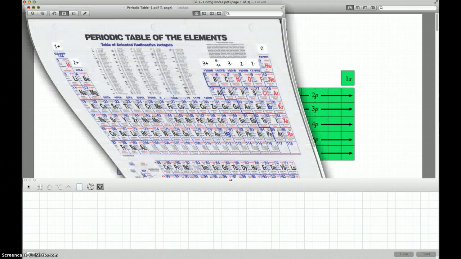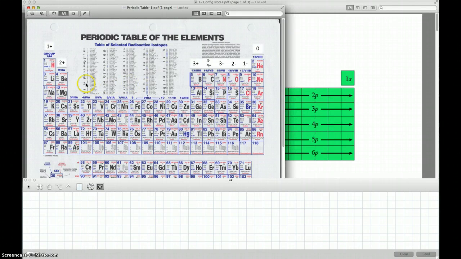So if I'm going to bring that periodic table up again, one thing that corresponds between the periodic table and the structure of the atom is the rows. So the rows on the periodic table are equal to the rings in the atom. Picture that Bohr model that we talked about last unit. It has the nucleus in the center, and then it has the rings around the center, and on those rings are the electrons. Well, the rows correspond to the rings.